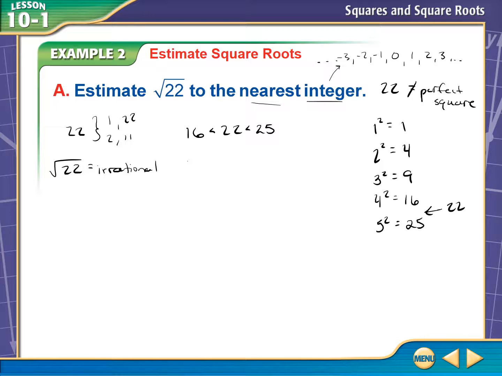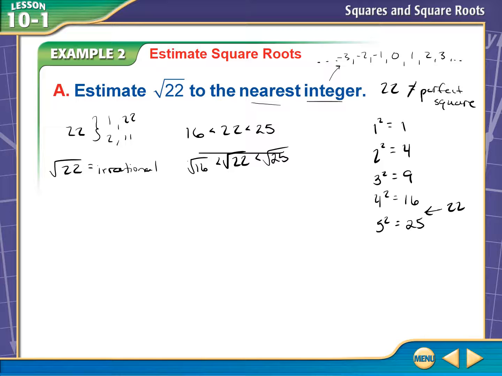Right? But I'm not interested in 22, I'm interested in the square root of 22. Well, it makes sense, or it should make sense, that the square root of 22 then is between the square roots of 16 and 25.